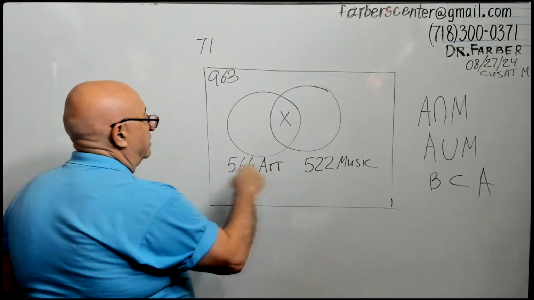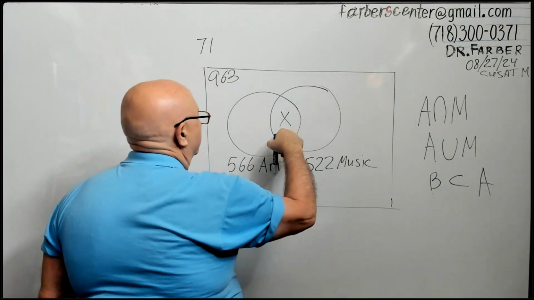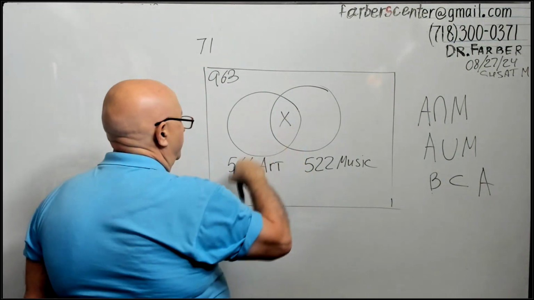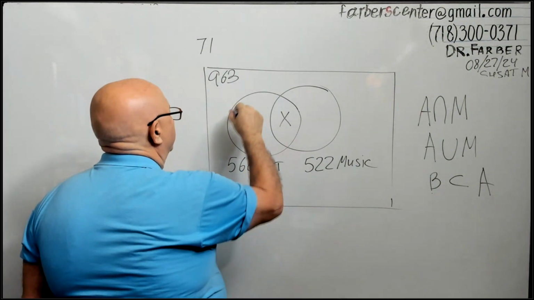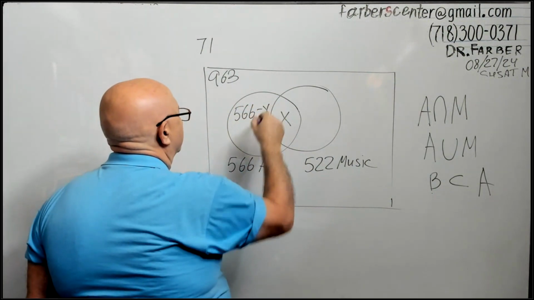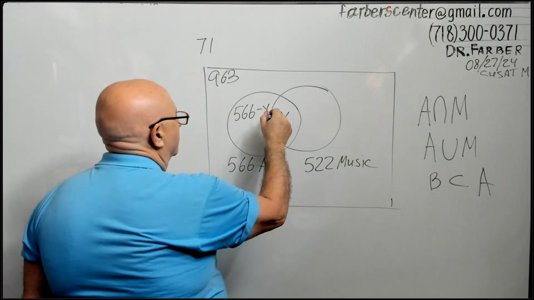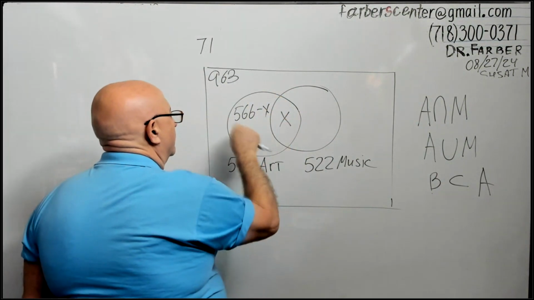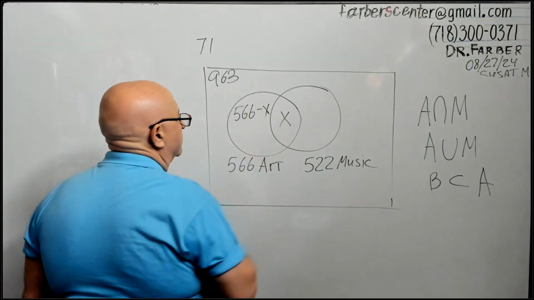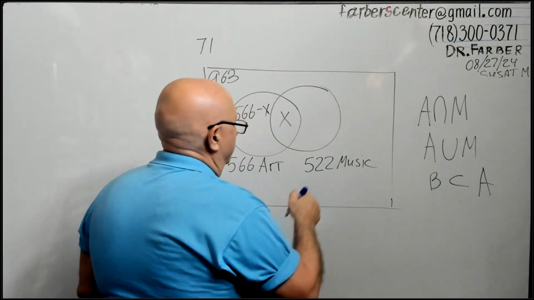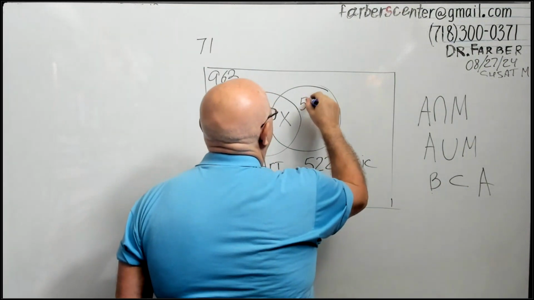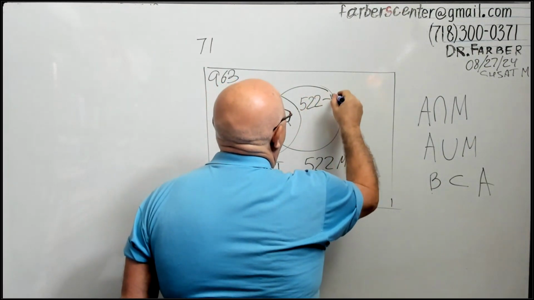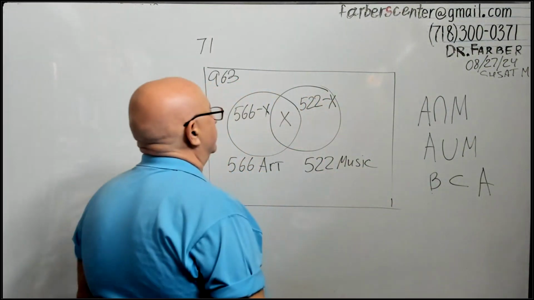If 566 is art and x is both, then pure art would be 566 minus x. Pretend this is pizza: you ate this piece, and what is left here is minus this. As well as music, 522 minus x. It's only pure music.